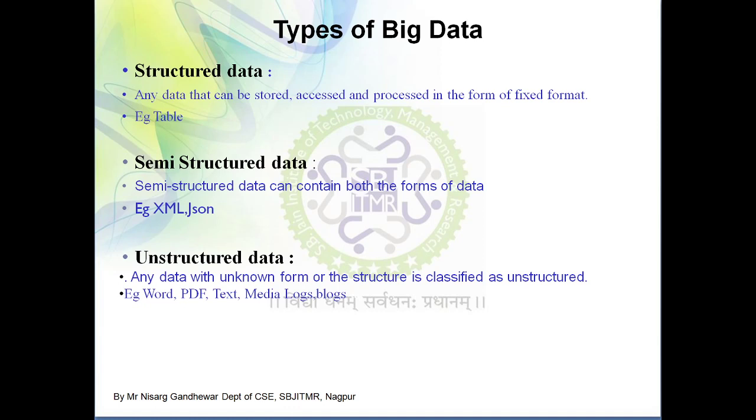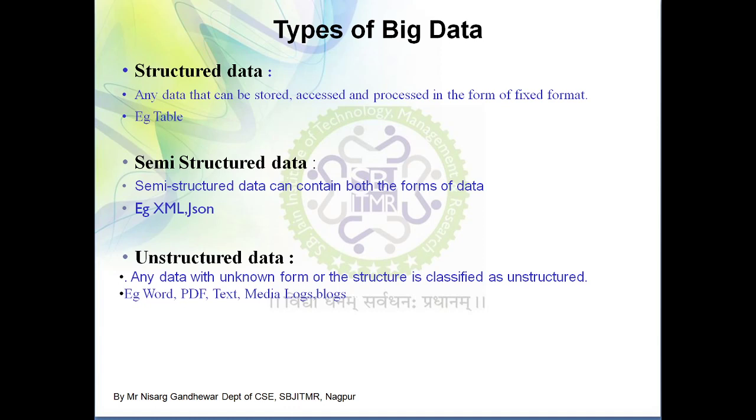Now what is unstructured data? Any data which does not have any particular form. For example, in the case of structured data, we have seen we generally store our data in the form of a table, but in unstructured data there is no specific format fixed for the data.